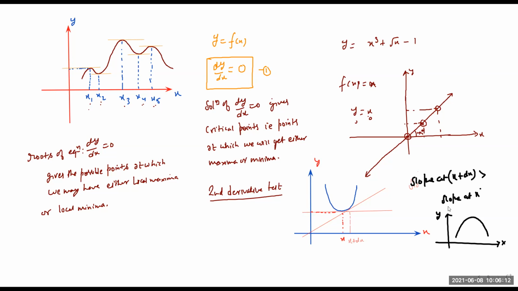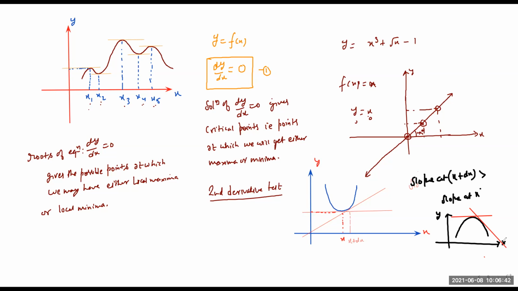If I draw a tangent here, and now draw a tangent very next to this, you will get something like this. It's an obtuse angle, so the slope is negative. So numerically, the first slope is 0, but the next slope is negative, because the slope is pointing down.